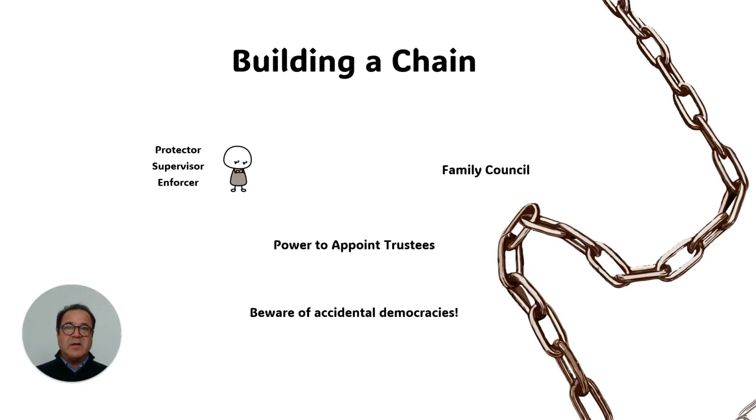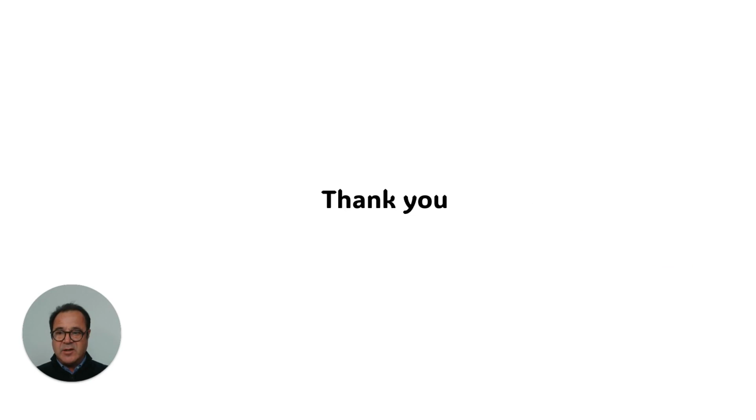But more often, the protector is a part of or a member of that family council. Like I said, that's covered in a later module. So that's how rules are written, where they are written, and how they are enforced, and this applies for trusts, and it applies equally for foundations. I hope that's helpful. Thank you very much for your time.